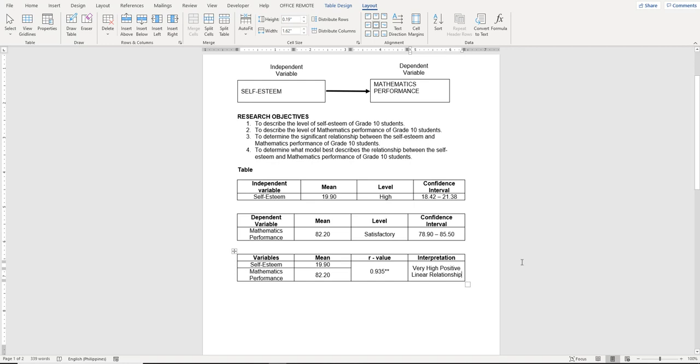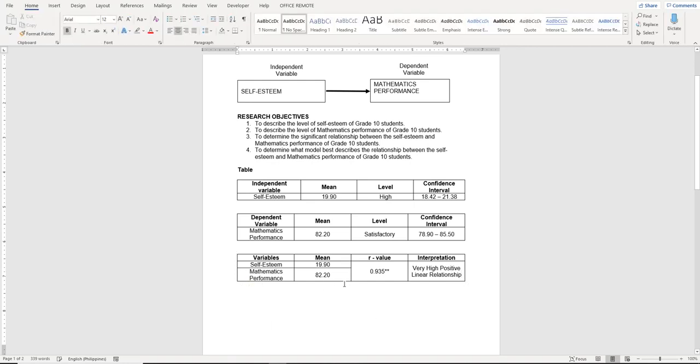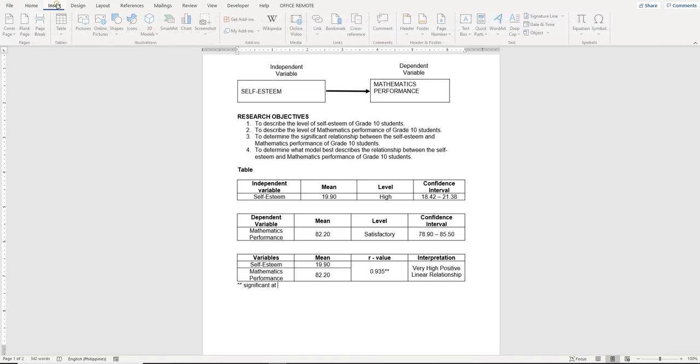Okay, so let's put some legend here. The two asterisks stand for significant at alpha 0.05.